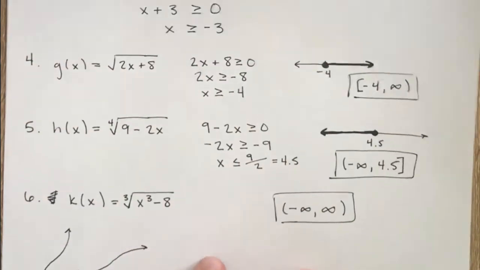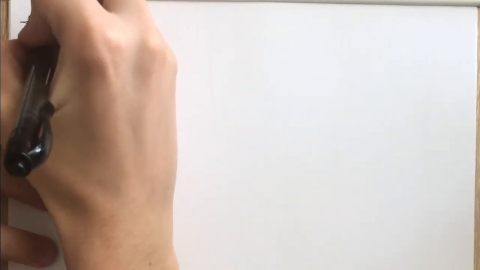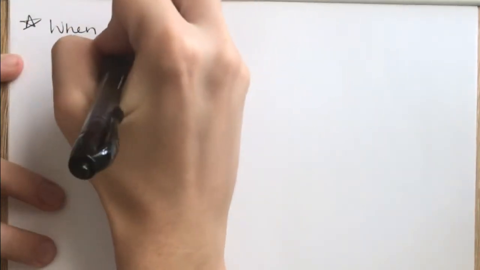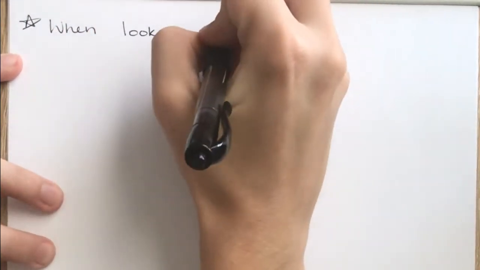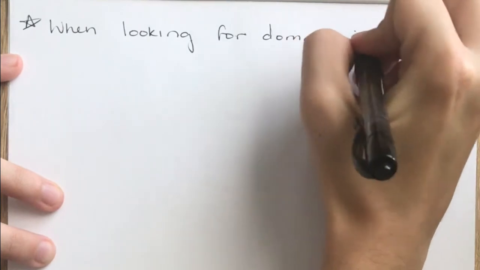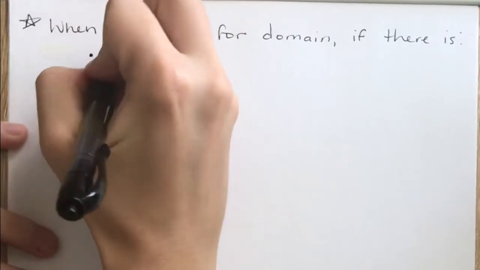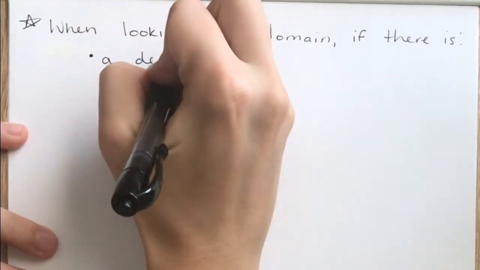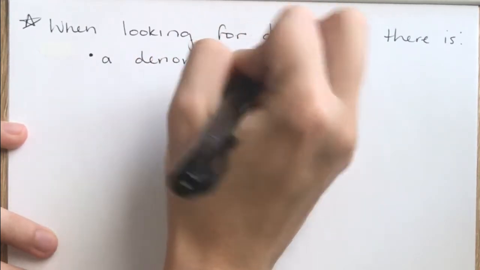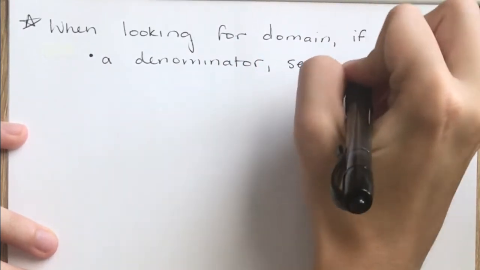Awesome. So let's summarize so far. When looking for domain, if there is a denominator, set it not equal to 0.